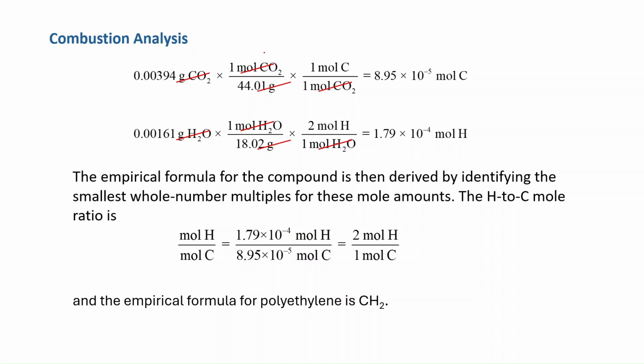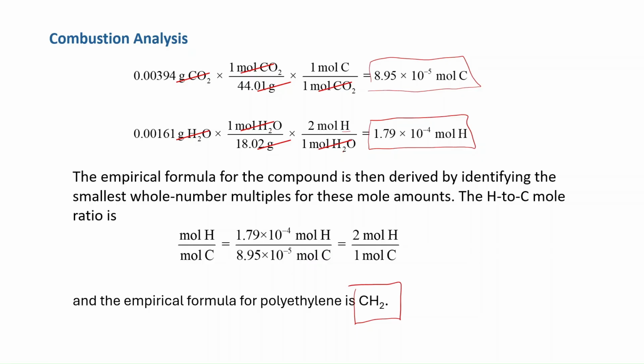There's one mole of carbon in 1 mole of carbon dioxide. So that gives me how many moles of carbon. Grams of water, I change it to moles, but I know water is H2O, so there are 2 moles of hydrogen in each mole of water, so we calculate the moles of hydrogen. Like I said, divide now by the smallest number, and that gives you a 2-to-1 ratio, so this is the empirical formula of polyethylene.